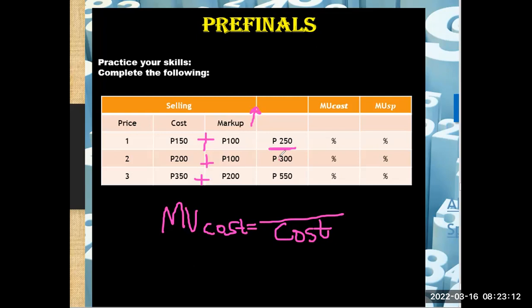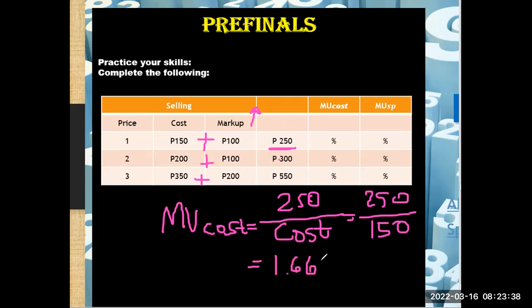So 250 divided by the cost, which is 150, equals 1.66. Let's round off, 7.